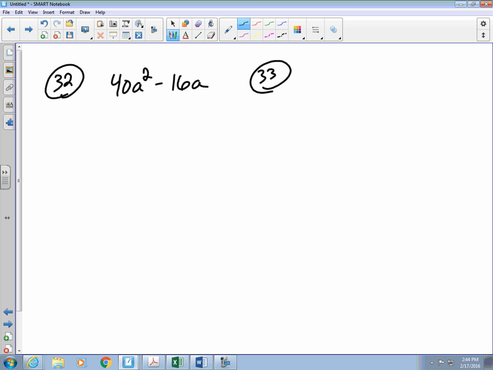Now 33, I'm going to give you this trinomial, a polynomial with three terms here, and I'm asking you to factor that. For factoring purposes, for 33, there was a rule that I taught you that at least allows you to know the signs, and you can just guess and check by foiling.